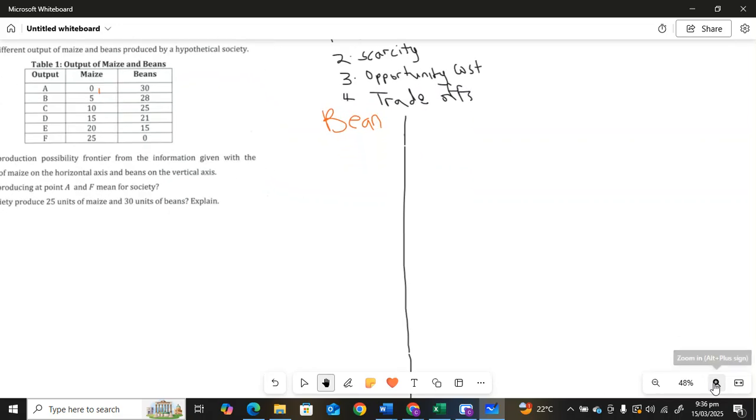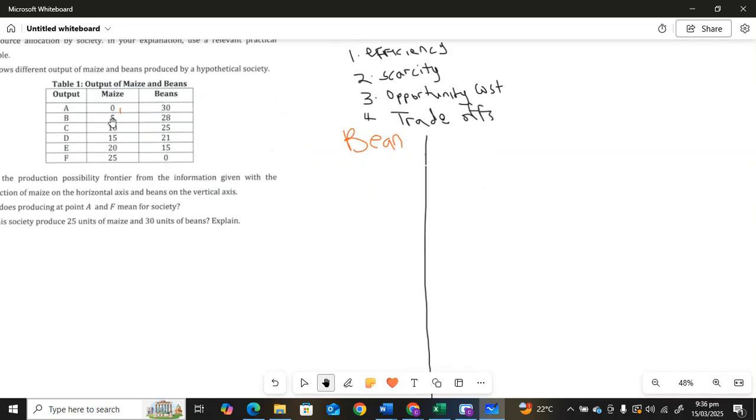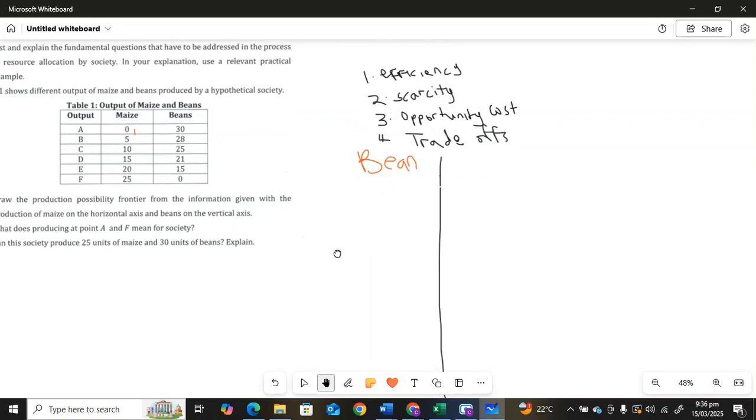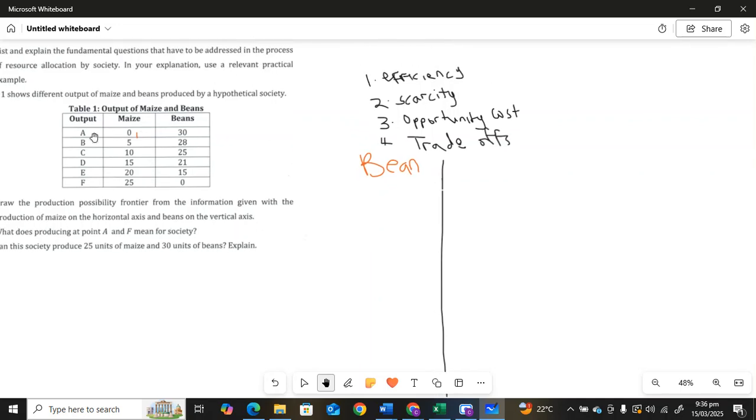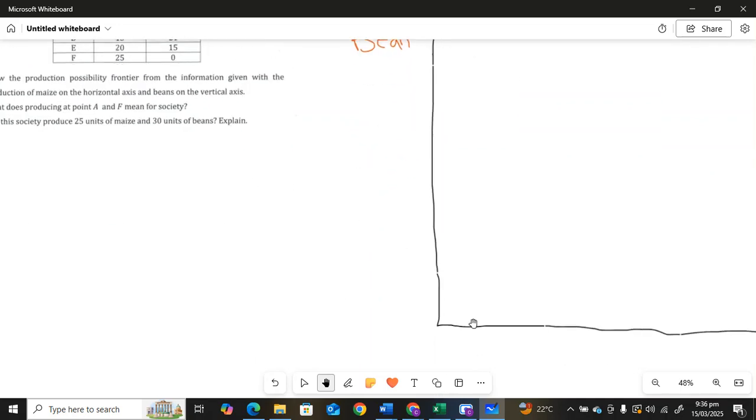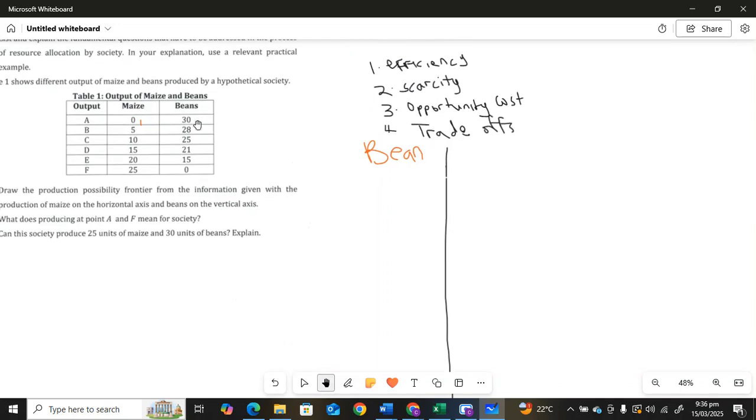So you come to your point A. At point A, you're producing zero maize. So on this x-axis, zero is here. You're not producing any maize, but you're producing 30 units of beans. So on my beans axis, it's going to be 30.